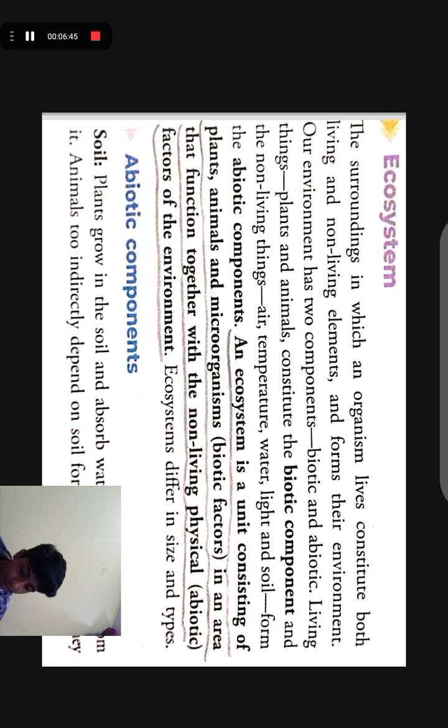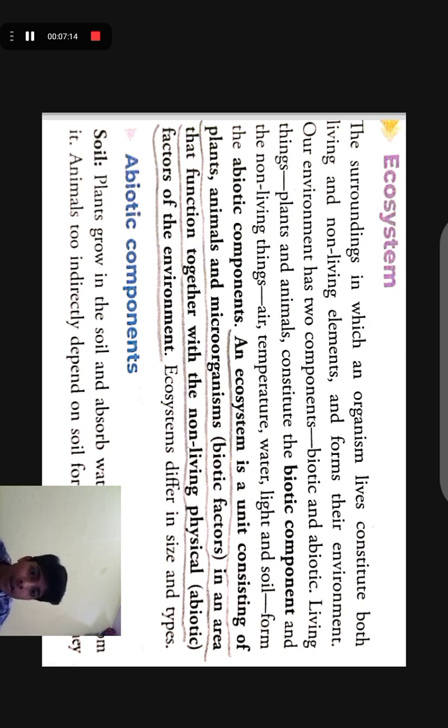Living things, plants and animals, constitute the biotic component, and the non-living things, air, temperature, water, light and soil, form the abiotic component. An ecosystem is a unit consisting of plants, animals and microorganisms, the biotic factors in an area, that function together with the non-living physical abiotic factors of the environment. Ecosystems differ in size and types.